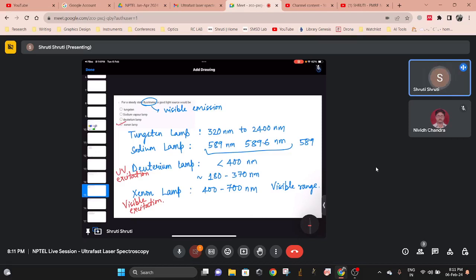But some fluorimeters will have both the UV excitation as well as the visible excitation. Depending upon what excitation source you want, the position of the lamp gets changed.